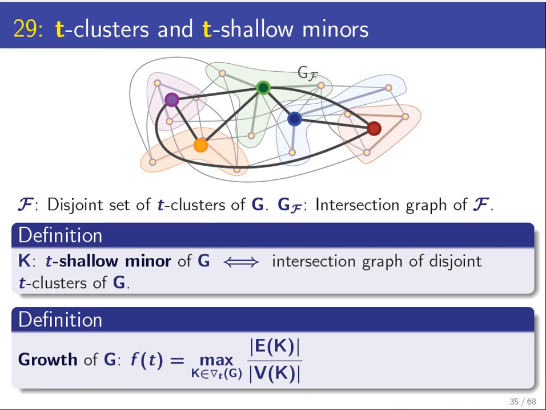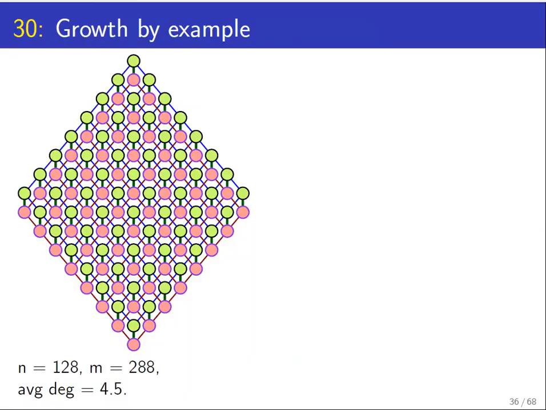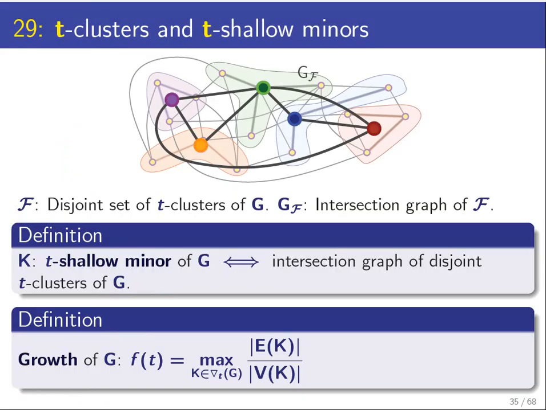So think about f of t as the worst average degree you can generate by collapsing T-clusters into vertices, and we're interested in how this growth function behaves.